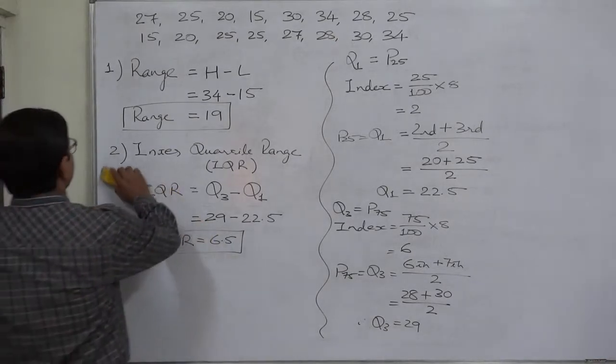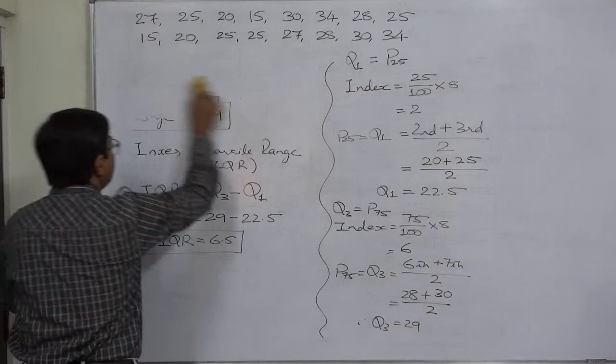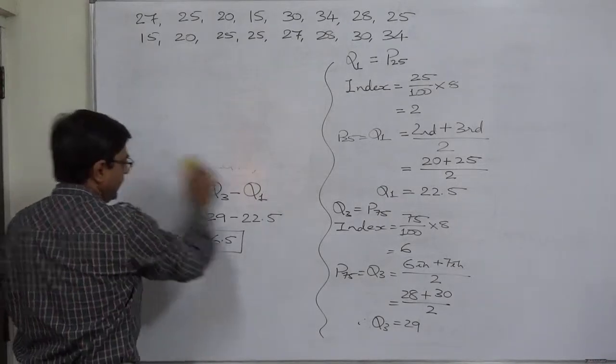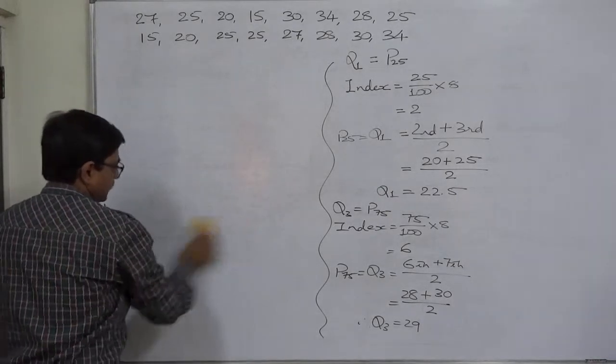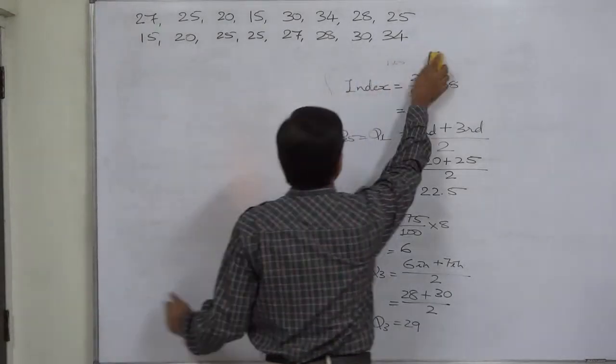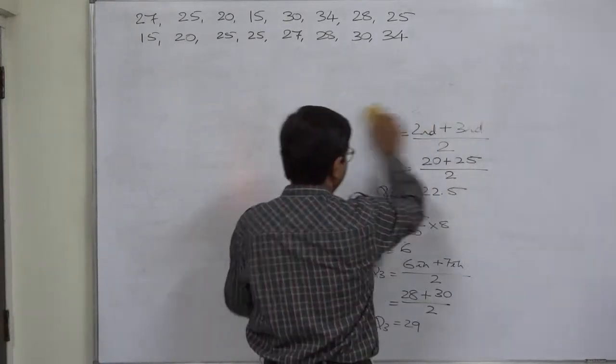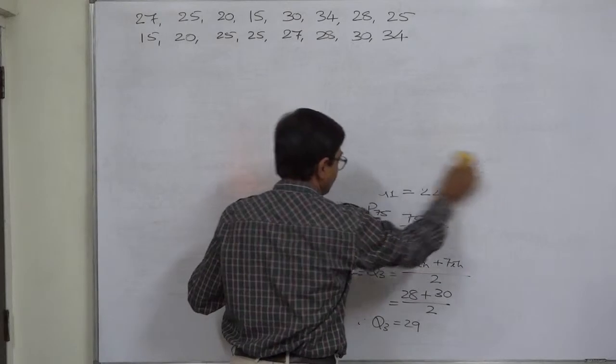Now let us find out the mean based measures of variations. Thanks to Karl Pearson, we have these two, variance and the standard deviation.